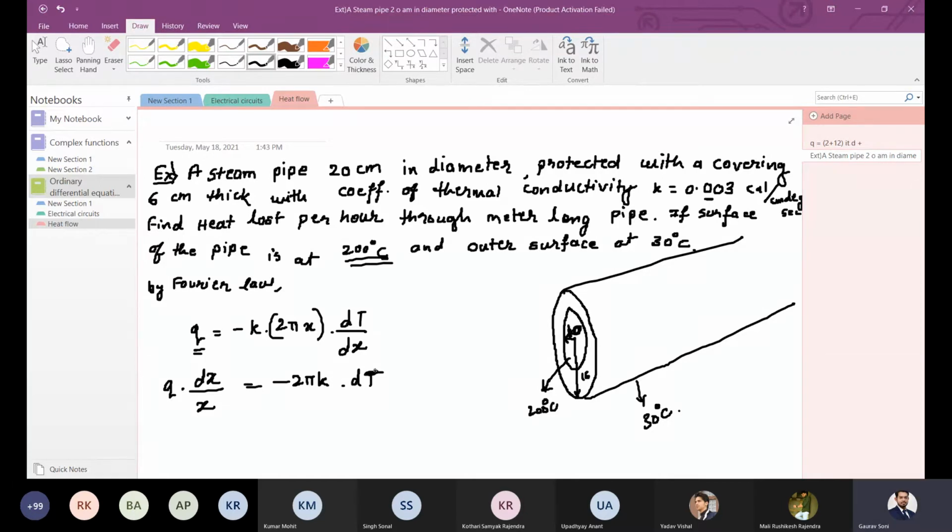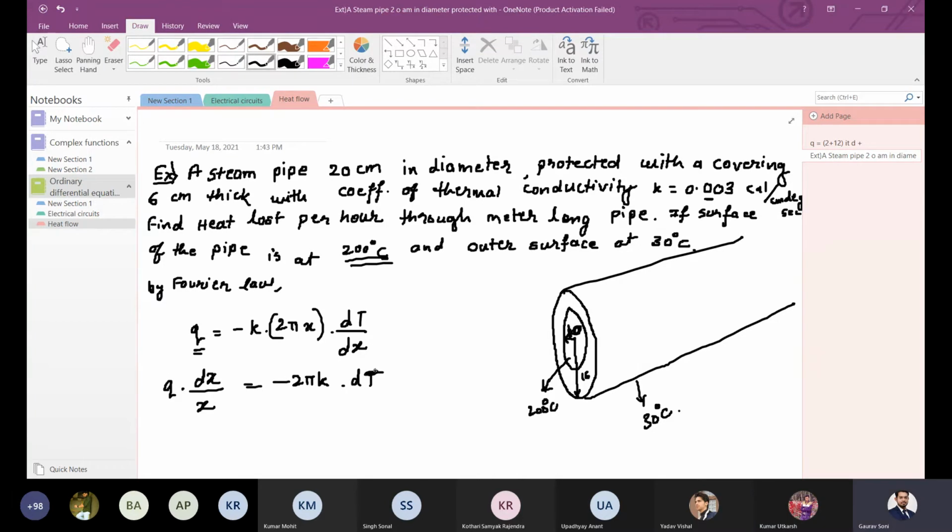Now my question is, how can we solve this differential equation? Area is equal to 2 pi x. I am considering a 1 centimeter long pipe to make my formula easier. Right now I am considering 1 centimeter long pipe. Later, whatever is the length, I will multiply.